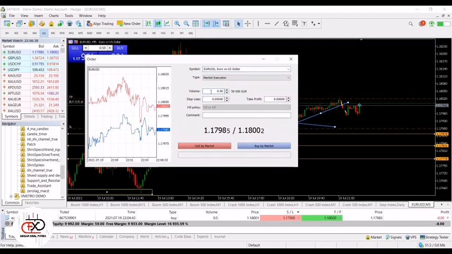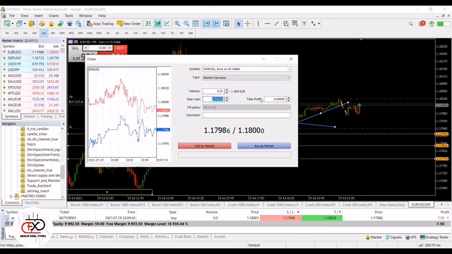The volume is your lot size. Then you see your stop loss, see your take profit. So probably, maybe I want to use 0.01. So it means that I'm buying 1,000 euro, or you are using 1,000 euro or something like that. So if you use 0.01, that's your lot size, then your stop loss value, you input it there. Then your take profit value, you input it there.